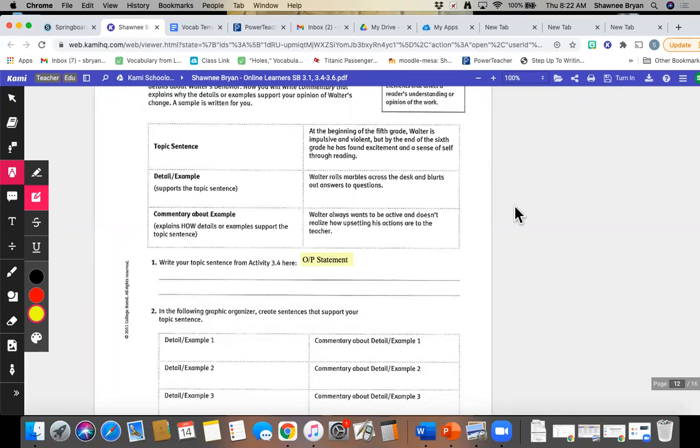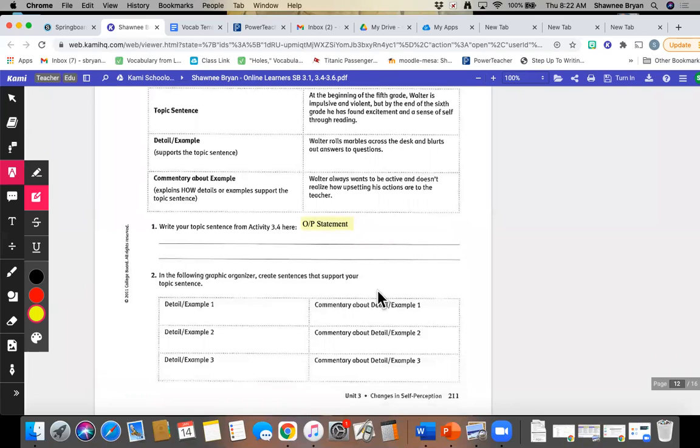So this is an example that you are going to now replicate using the OP statement you came up with in the last lesson. So you are simply copying your OP statement here. Again, this should begin with words like although, even though, if, or because.